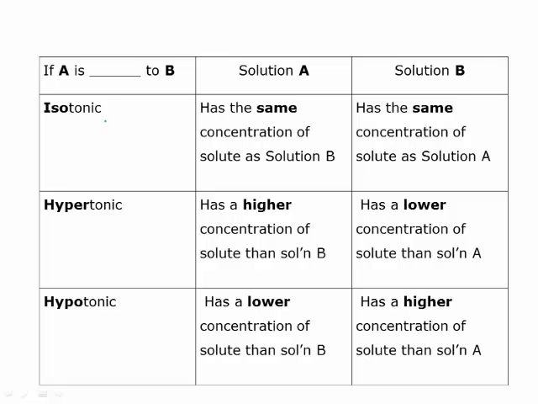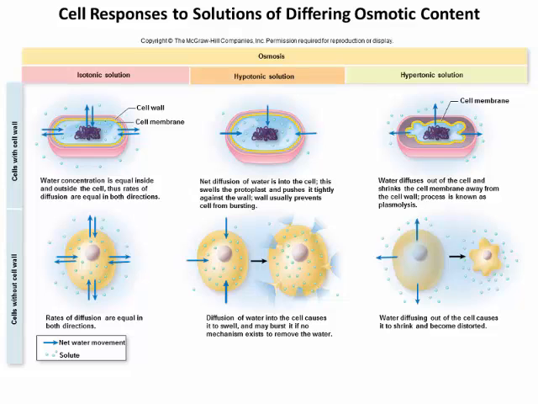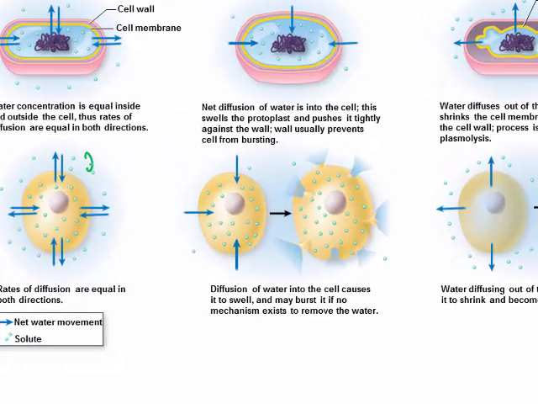If all else fails, draw yourself a picture. Fake it. Draw yourself a cell. Here we see a cell in isotonic solution. Fake numbers if you need to. Say this is 20% sugar on the outside and that it's 20% sugar on the inside. So we have equal concentrations of solutes.